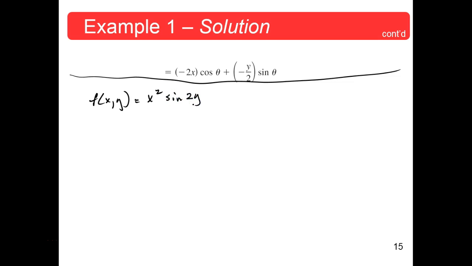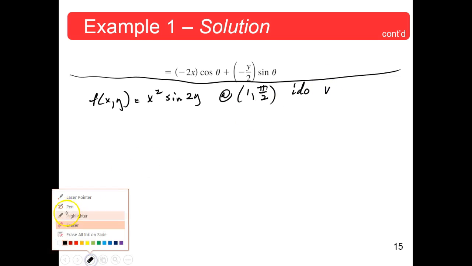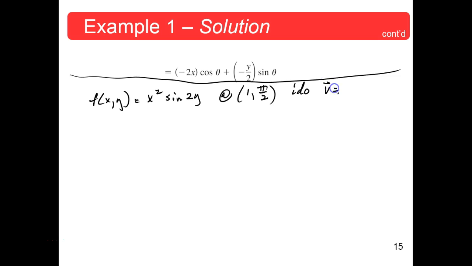Oh boy, what an interesting looking surface that would be, at the point 1, pi halves, in the direction of the vector v, and that vector v is 3i minus 4j.